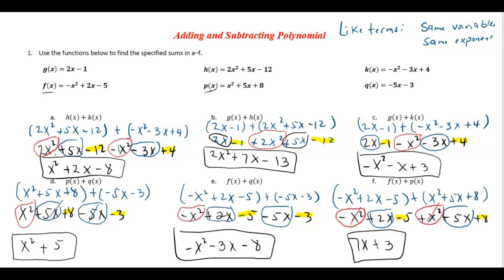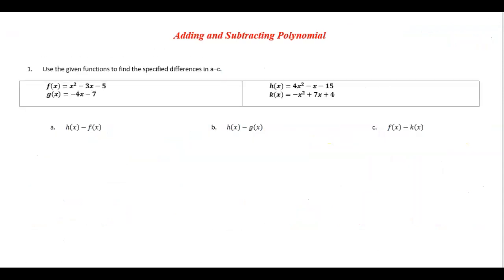Now, the next one we're going to do is all about subtracting polynomials. Here it says use the given functions to find the specified difference in A to C. We got 4 different functions here. 3 of them are trinomials, and the other one is a binomial.